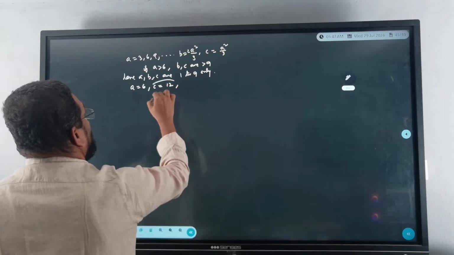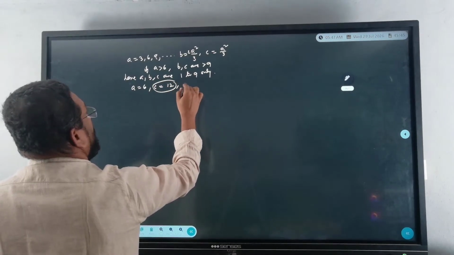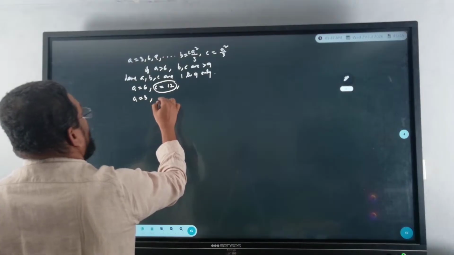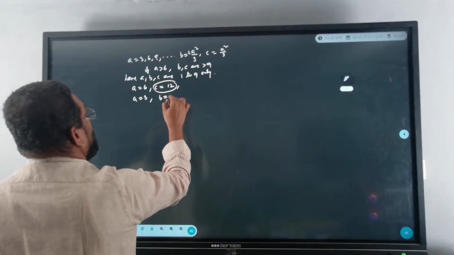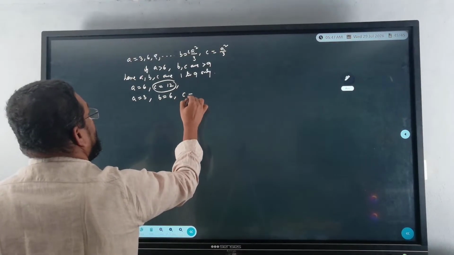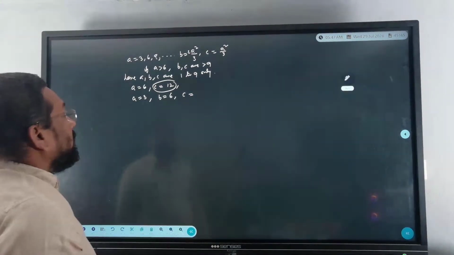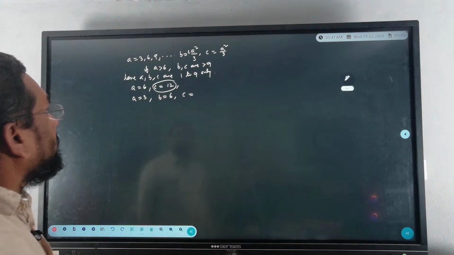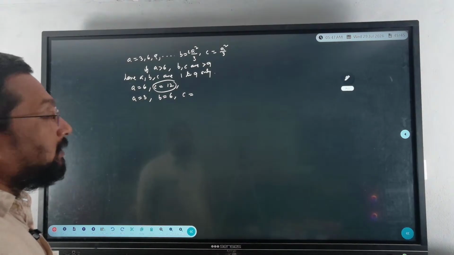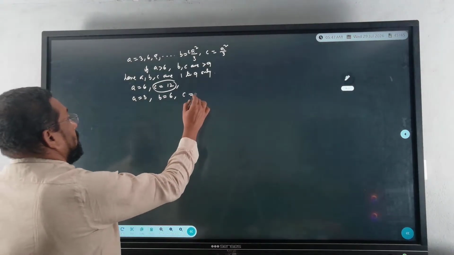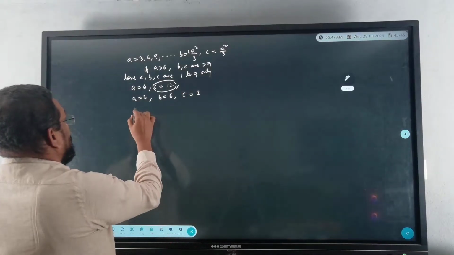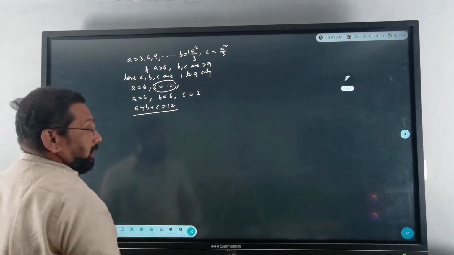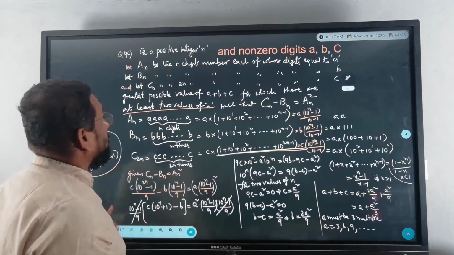It is also not possible. So a is equal to 3, then b is equal to 6, c is equal to, what will we get here? It must be a multiple of 3, and 3 square. So a plus b plus c is equal to 12. That's the required. So write down.